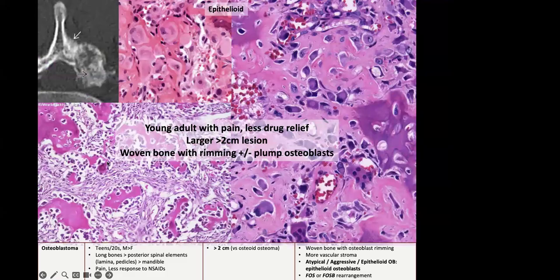This can occur in either long bones or spine and is less responsive to NSAIDs than osteoid osteoma. It has slightly plumper osteoblasts with osteoblast rimming, again with vascular stroma. So basically, it's a matter of size, location, and clinicopathologic correlation that may differentiate osteoid osteoma from osteoblastoma. There are FOS immunostains that you can do if need be to help with diagnosis.